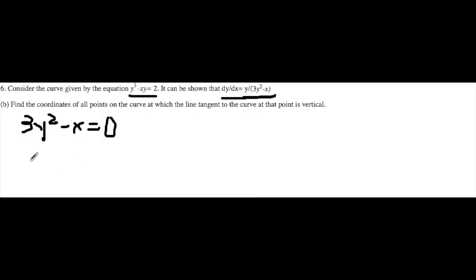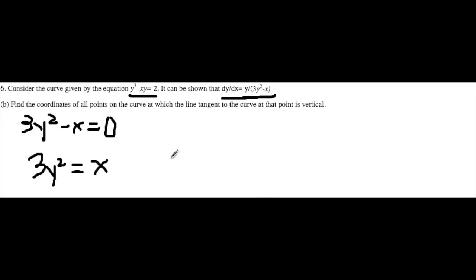Now let's just solve for this. 3y squared will equal x. Sorry, it's not an x, it's 0. So that's an x.